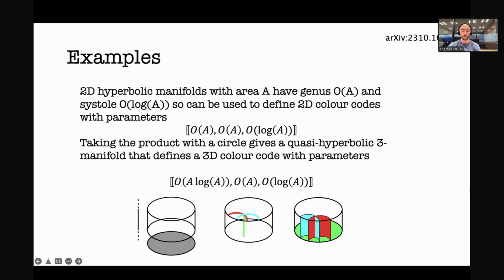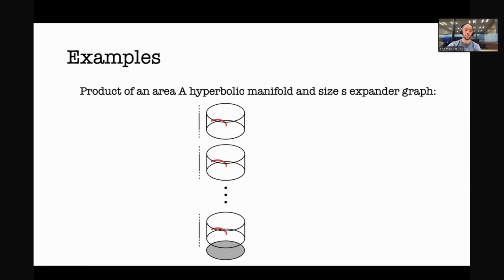And the way to get rid of this is to, instead of taking the product with a cycle, which is only giving a constant number of qubits, no matter how big you make the cycle, you take the product of something that will add many new cycles. And this is just the expander graph, right?